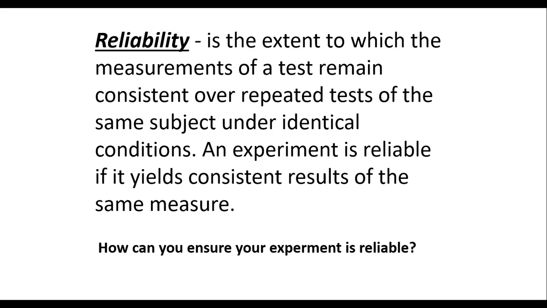So you can get asked things such as, how can you ensure your experiment is reliable? This is where you would need to discuss actually making very precise methodology. Actually, this would be where you would bring in repeating your experiment, not just using one set of data, just doing everything once.